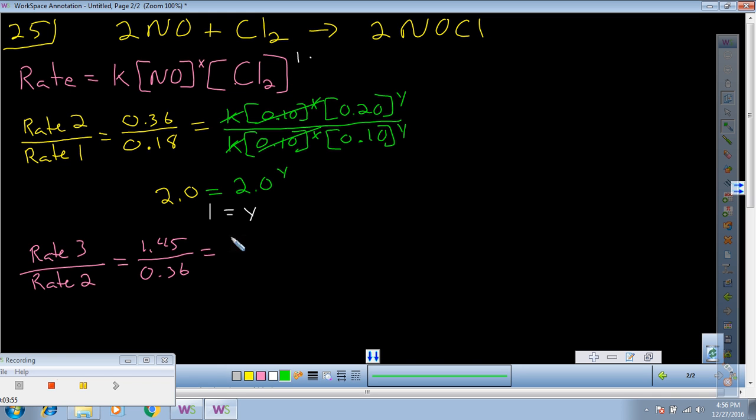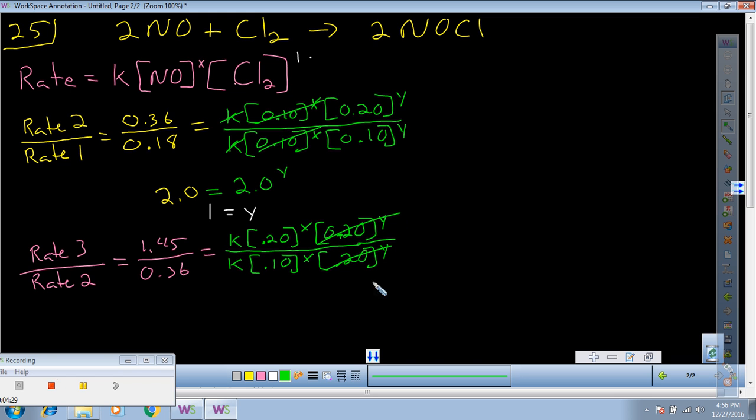And that's equal again to the rate constant times the concentration, and this is experiment 3, and experiment 2 on the bottom. And let's simplify.